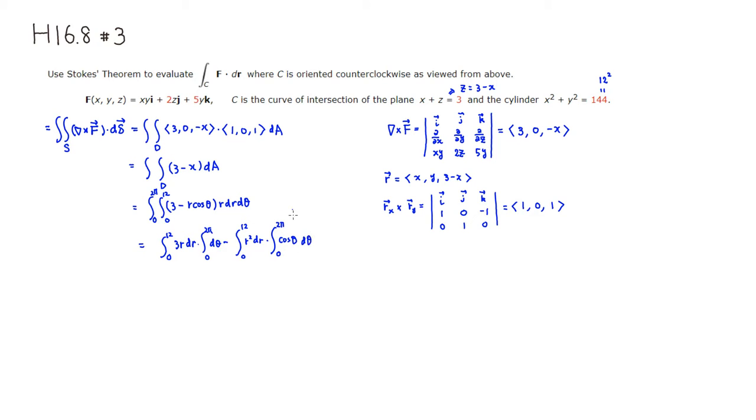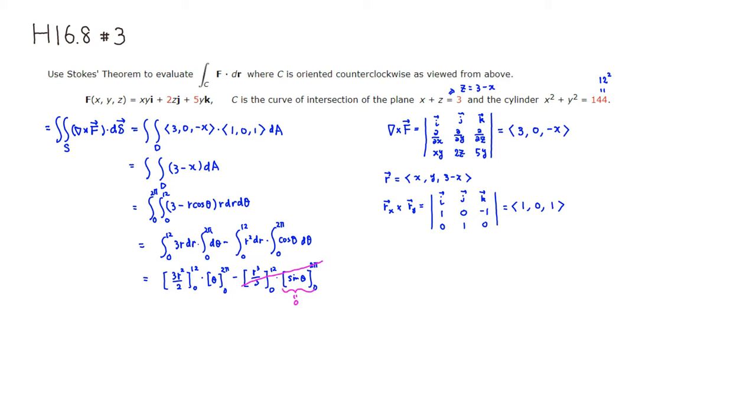We get 3r squared over 2 from 0 to 12, multiplied by theta from 0 to 2 pi, minus r cubed over 3 from 0 to 12 times the antiderivative of cosine, which is sine theta, from 0 to 2 pi. Since sine of 2 pi and sine of 0 are 0, the second term is 0, so we can scratch it out entirely.